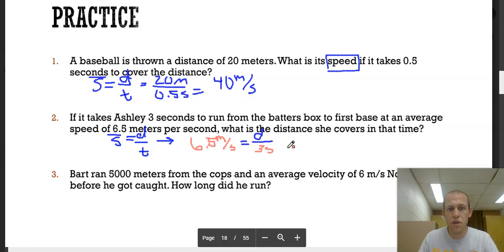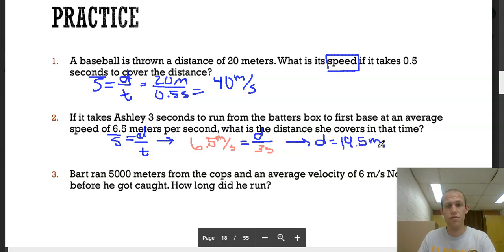So we use algebra to undo things. We're going to multiply 3 seconds to both sides so that d, distance, is by itself. So when we take 6.5 times 3 seconds, we will get out the answer of 19.5 meters.